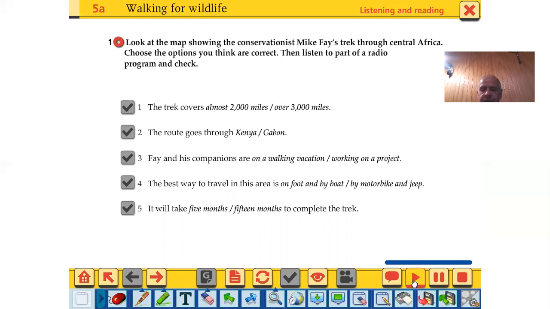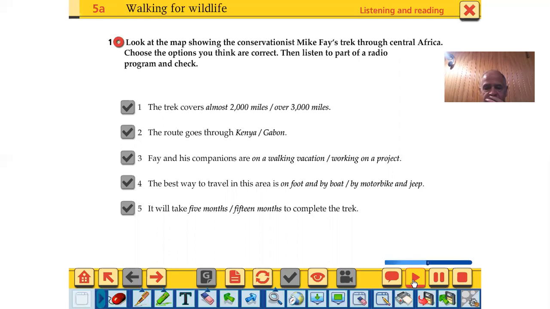Conservationist Mike Fay is somewhere in Central Africa. He's in the middle of the longest walk of his life, so far. Fay is traveling almost 2,000 miles through the dense forests of Congo and Gabon. He's lived in the area for several years, and he's worked on various forest conservation projects there.